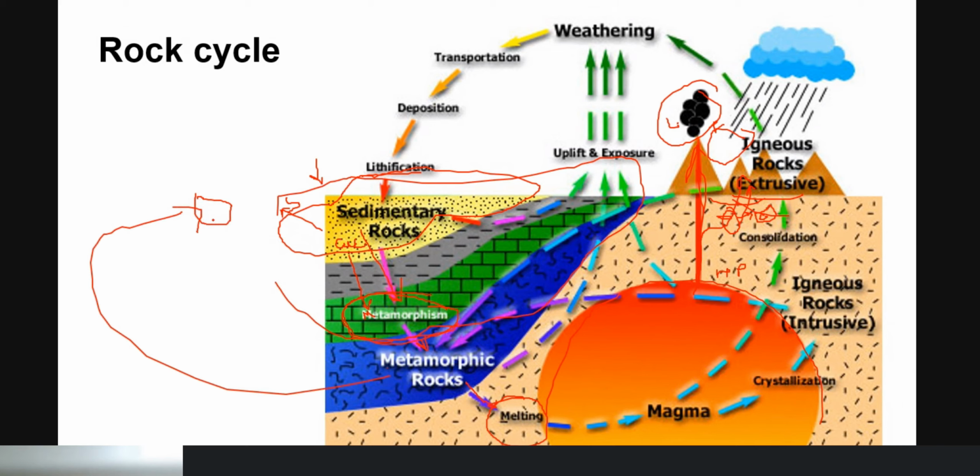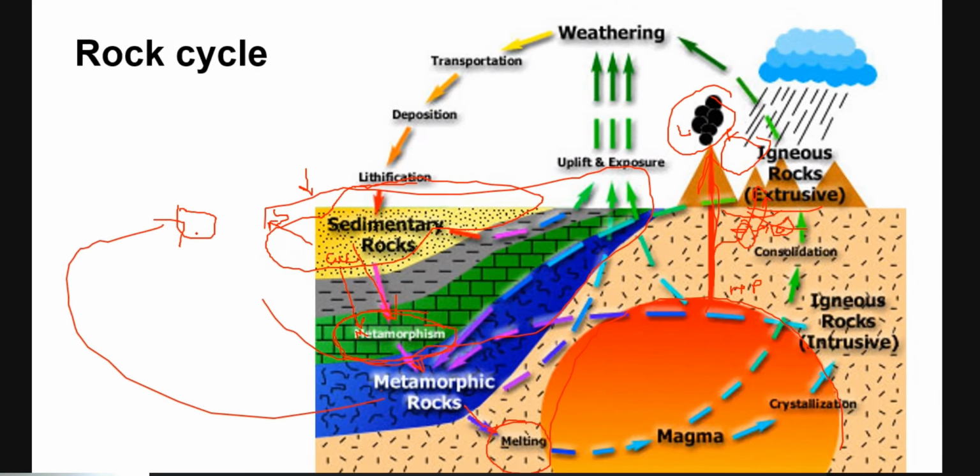Through rain or other denudation processes, like breaking, it will be transported by air or river to some sedimentary basin where water is present. So the fragments will be deposited in the basin, and again it will form a sediment layer, then sedimentary rock.